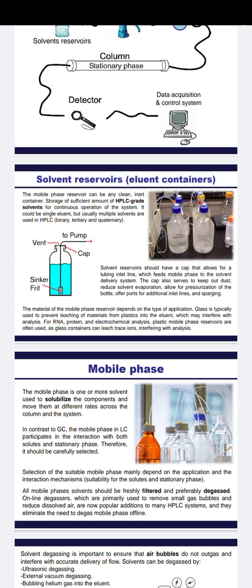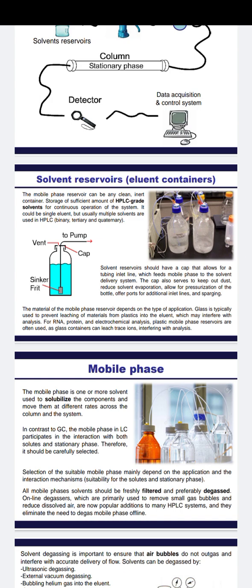They are the solvent reservoir. The mobile phase reservoir can be a clean, inert container, storing a sufficient amount of HPLC grade solvents for continuous operation of the system. It could be a single element, but usually multiple solvents are used in HPLC, that is binary, tertiary and quaternary.